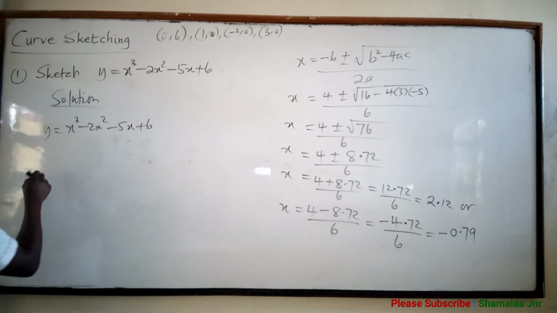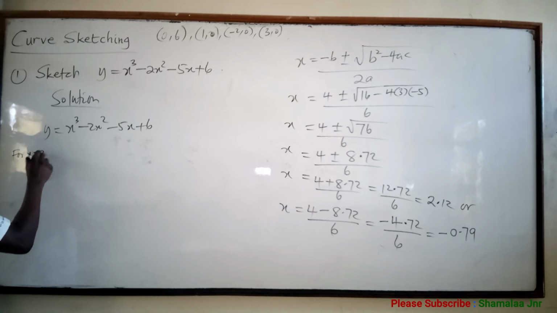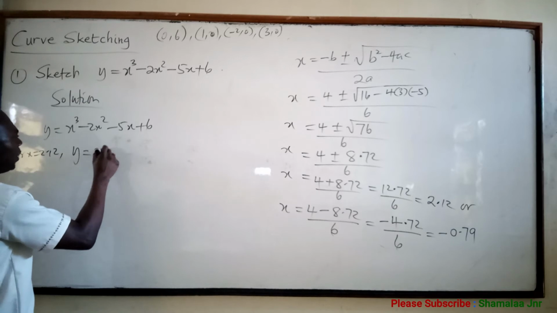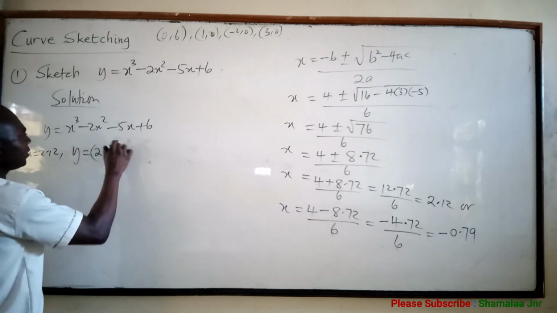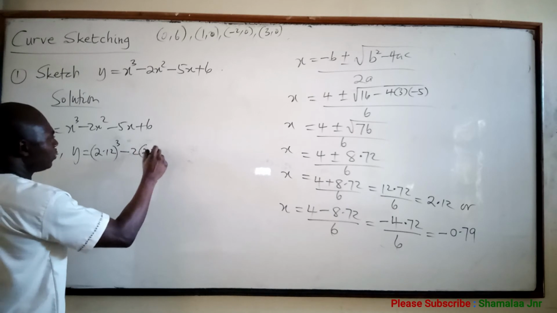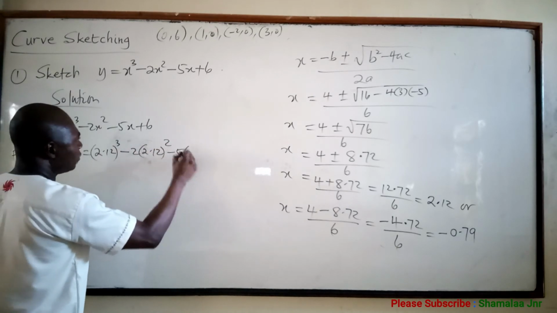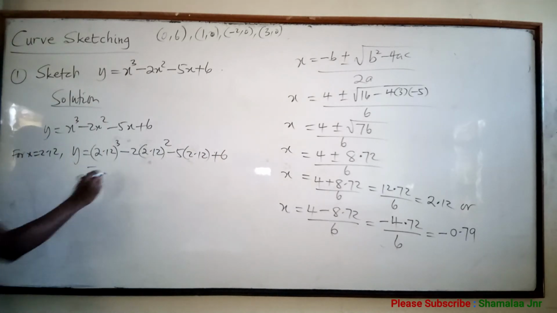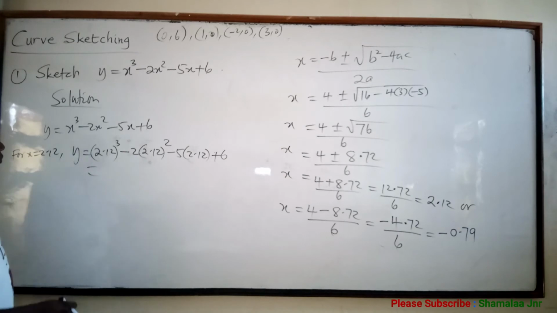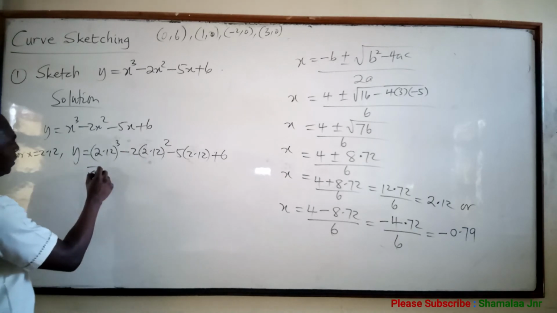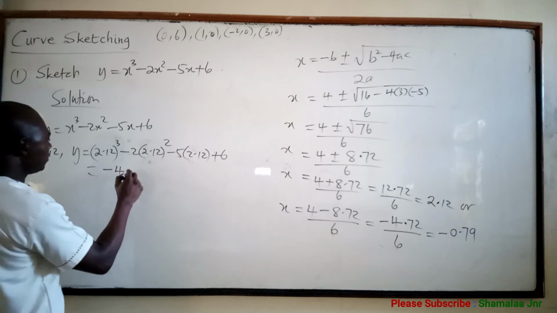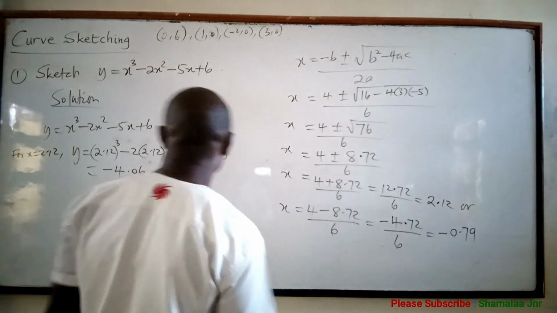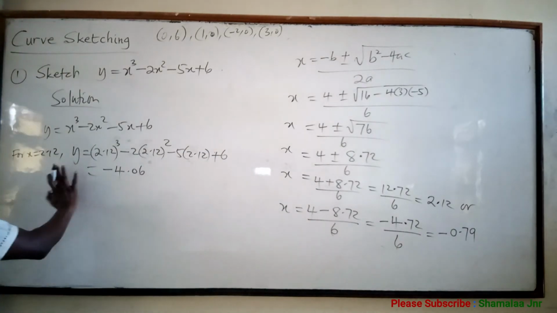Now, for x equal to 2.12, y will be equal to 2.12 raised to the power 3 minus 2 times 2.12 raised to the power 2 minus 5 times 2.12 plus 6. If you work on this one, you should get negative 4.06. So we are done with this one.